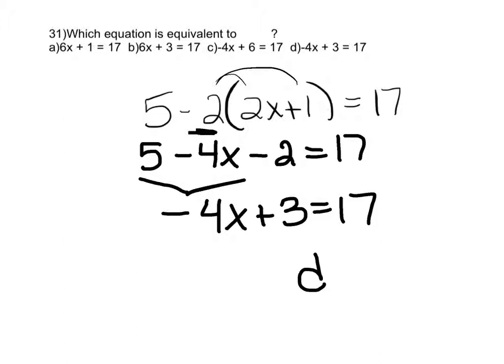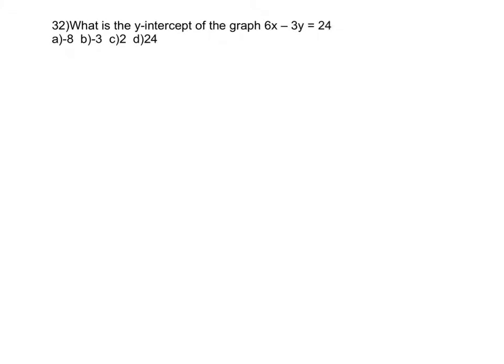that's equivalent to it. In number 32, it says, what is the y-intercept of the graph 6x minus 3y equals 24? Well, for this one, you can do it two different ways. The first way is to put this into y equals mx plus b form.